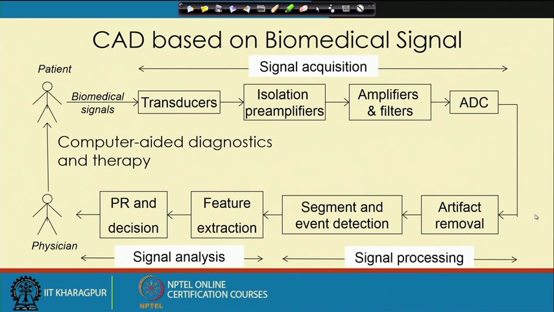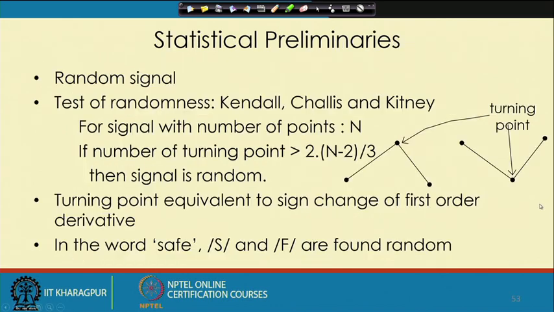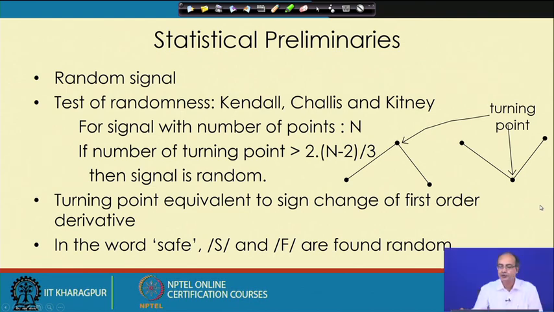Now, before getting into different artifact removal techniques, first we should have some brush up of the statistics. First, we should know what is called a random signal.